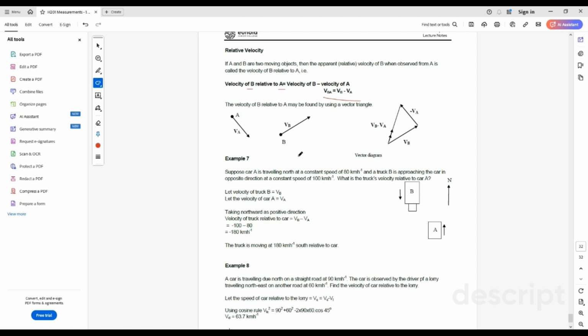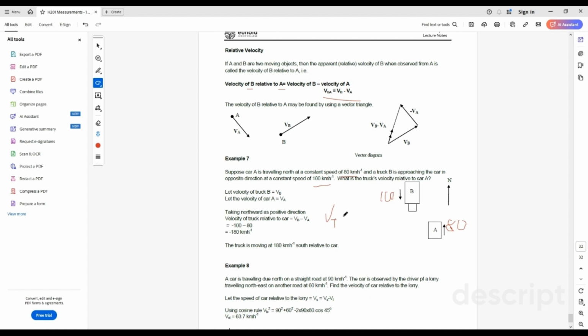We have a car A that's traveling at a constant speed of 80 kilometers per hour and a truck approaching the car in the opposite direction at a constant speed of 100 kilometers per hour. What is the truck's velocity relative to car A?